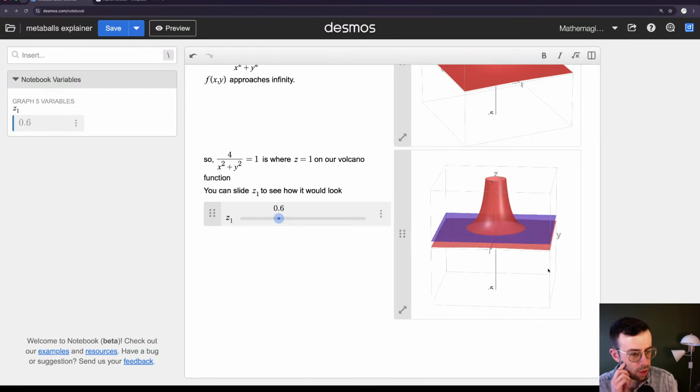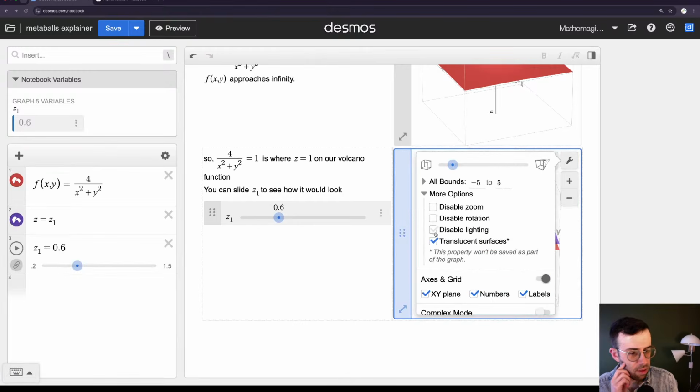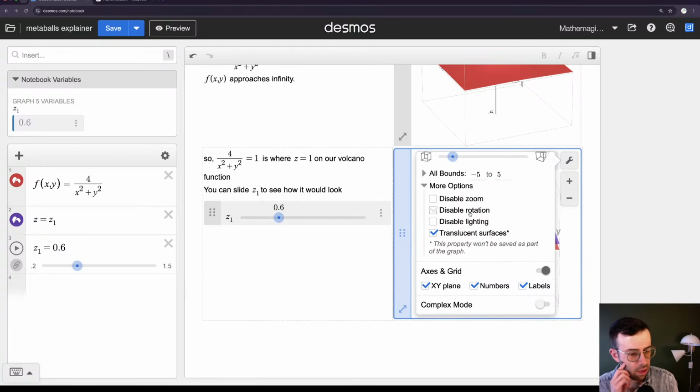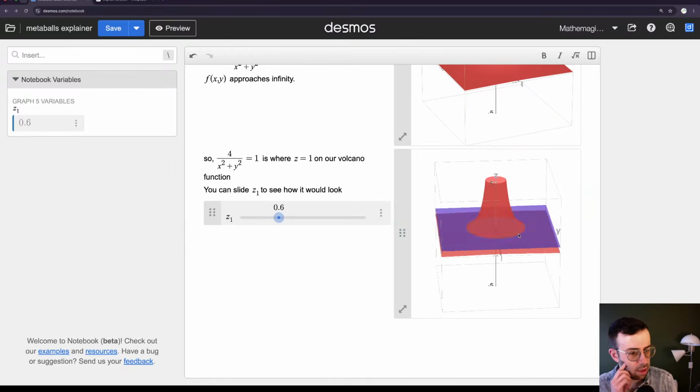How do I want to show this? Oh, it looks like you can't reverse contrast. Let's see about that. Disabling lighting. No, I kind of need the lighting. Although this looks good.